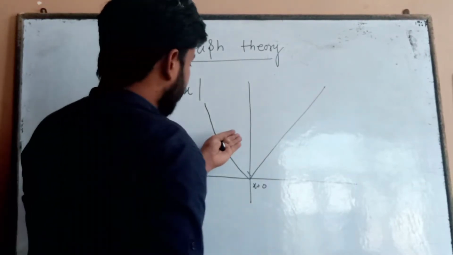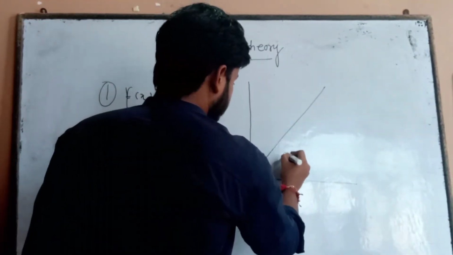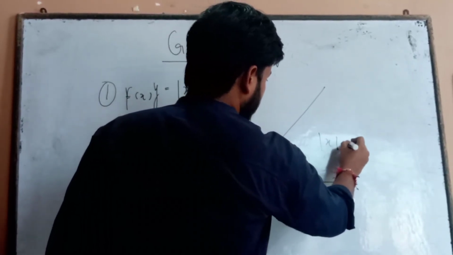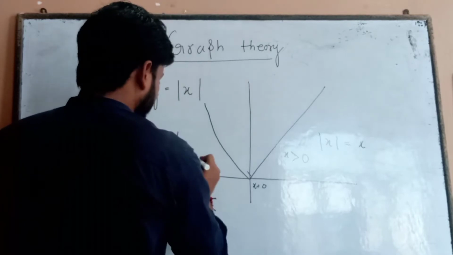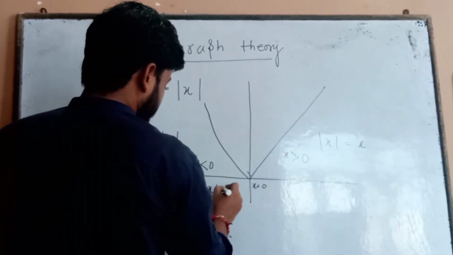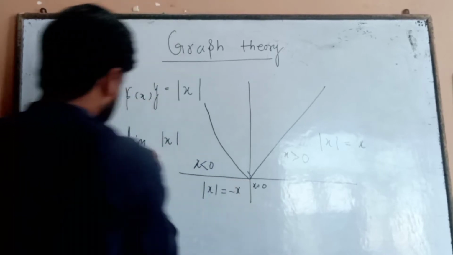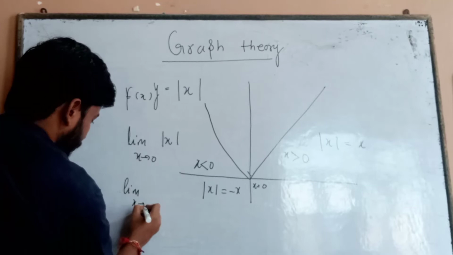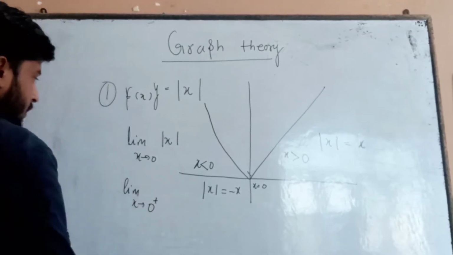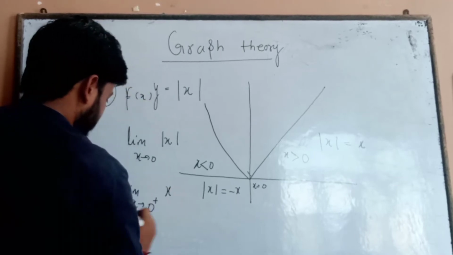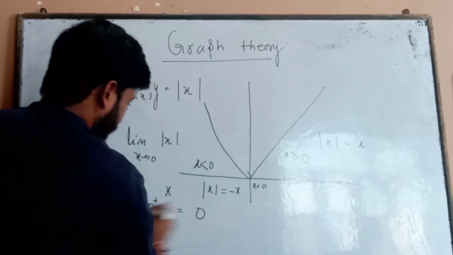So here we can see that when x is greater than 0, mod of x is equal to x. When x is less than 0, mod of x is equal to minus x. So when we check limit x tending to 0 plus, mod of x is equal to x and its value is 0.